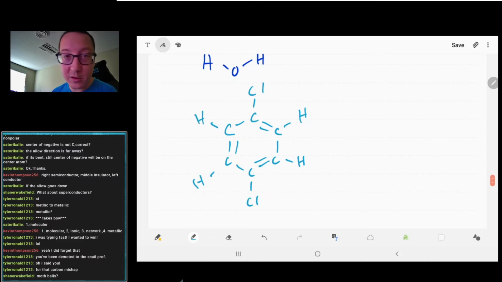Completely non-polar, right? As we can see in this lovely diagram I've drawn, we have perfect symmetry. Symmetry means non-polar. These would interact together through intermolecular forces. So there are no covalent bonds holding together these molecules.